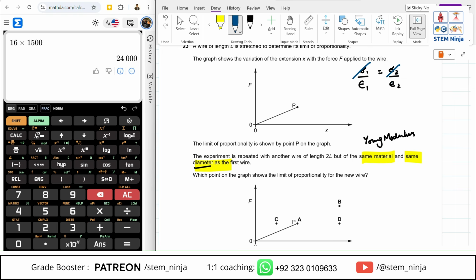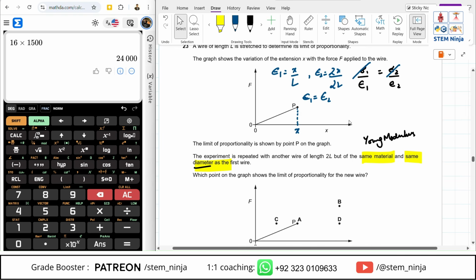Furthermore, what's left is that strain will also be the same. Now, if strain 1 was x over L, now the second length would be 2L, but since epsilon 1 equals epsilon 2, this has to be twice the same extension.